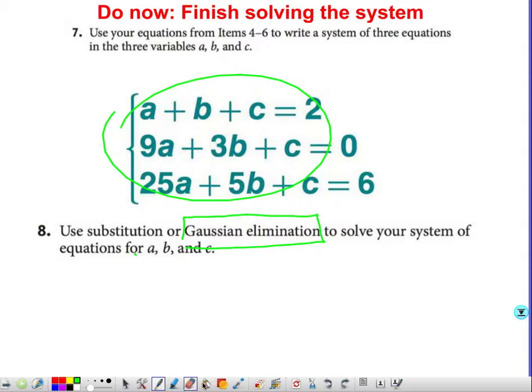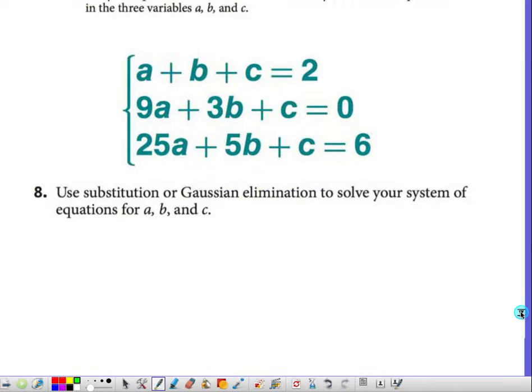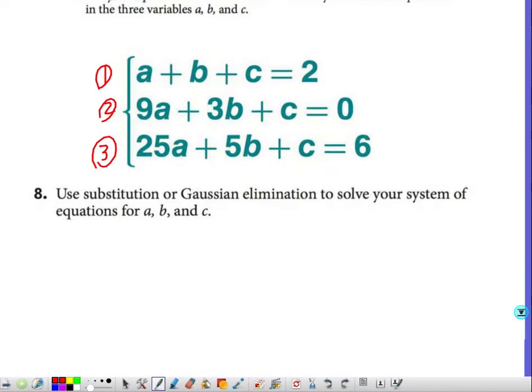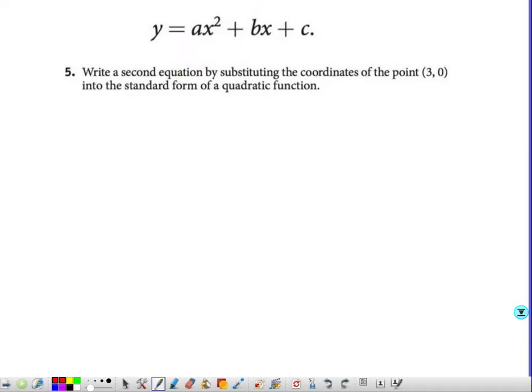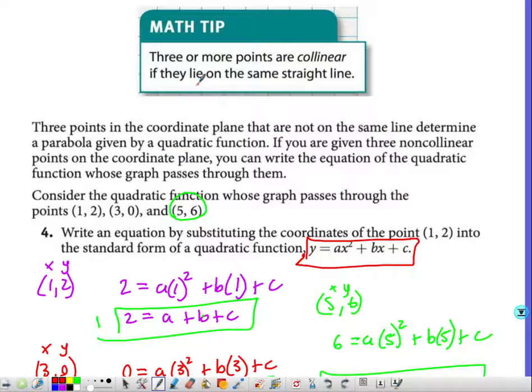What we want to do is use Gaussian elimination to solve for a, b, and c. Once we have a, b, and c, we can plug them into the standard form of a quadratic equation, and that is going to give us the quadratic equation that goes through these 3 points. And there's only one quadratic equation that is capable of going through those 3 points.